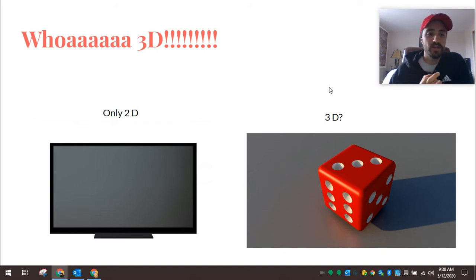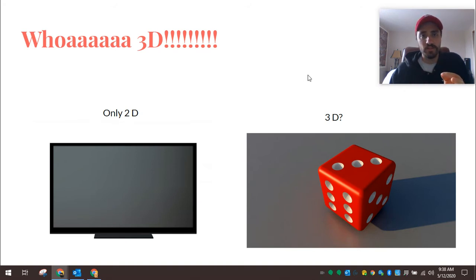You can also think of it as the word direction. So this TV only has two dimensions, just like a piece of paper, or only two directions. Whereas this picture looks like it has three dimensions or three directions.